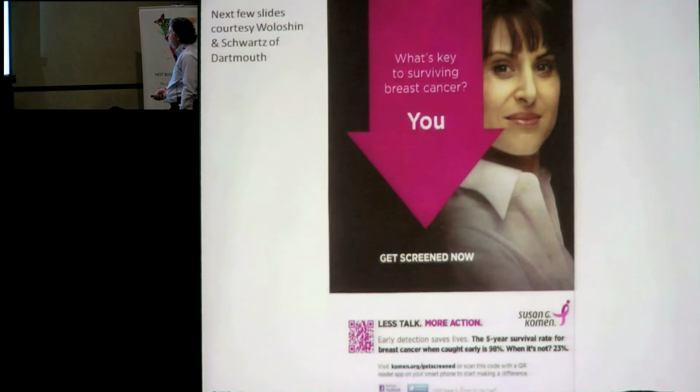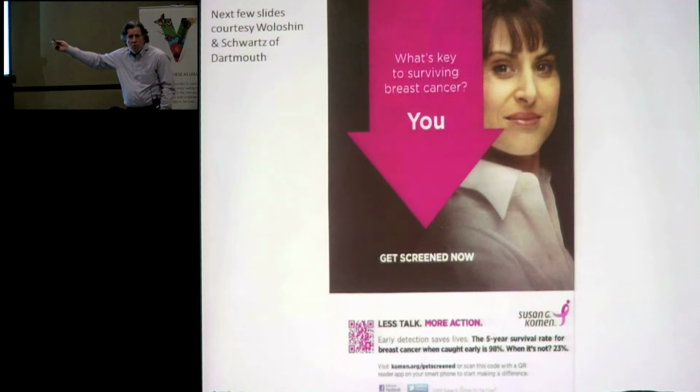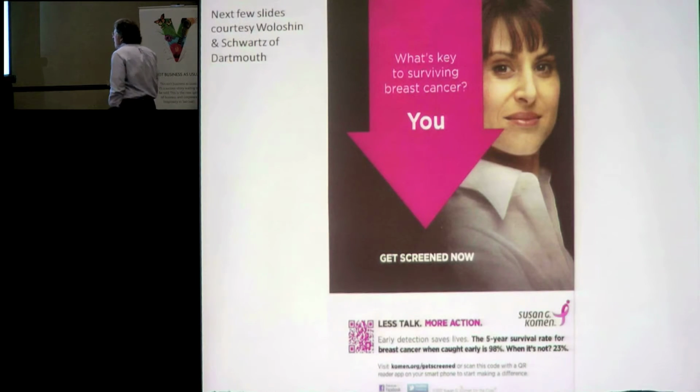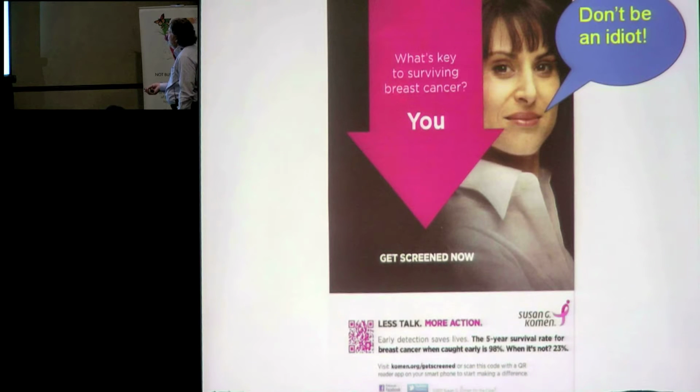Now, I told you this morning I borrowed some slides from Woloshin and Schwartz of Dartmouth. I borrowed these slides because they address this 5-year survival rate figure. This is an ad that the Susan G. Komen Foundation runs. So they say, the way they read this is conveying to women, don't be an idiot, get screened.